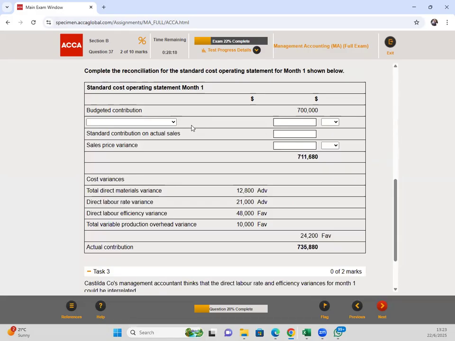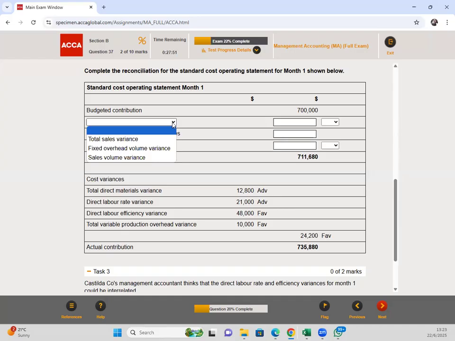Budgeted contribution, then what follows from contribution?